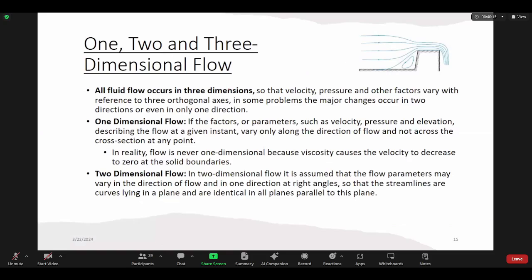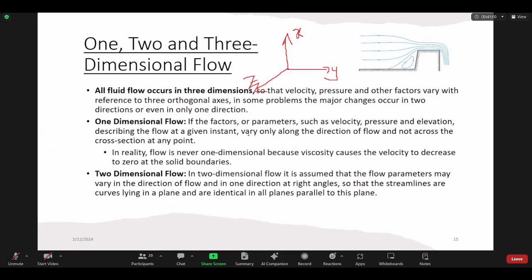What is the meaning of one, two, three-dimensional? One-dimensional means we can discuss parameters in one way. I will draw a 3D axis: x, y, and z.